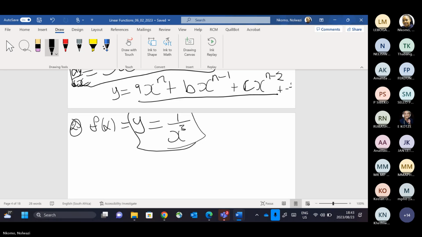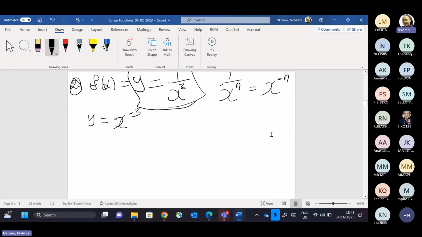Okay, that says 1 over x to the power n is the same thing as x to the power minus n, right? Our n in this case is 3, meaning we can write this function as y equals x to the power minus 3. Since we now have our function like this, we can apply the power rule here.